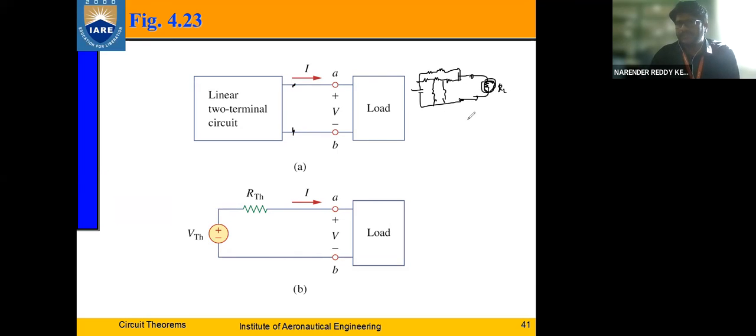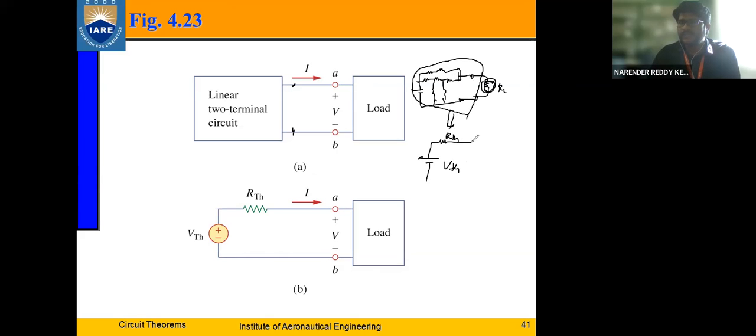So by using Thevenin's theorem, instead of using this complex circuit for analysis, we replace it with only two elements. One is the equivalent voltage source, called Thevenin's equivalent voltage, connected with a series resistor, called Thevenin's equivalent resistance, right?